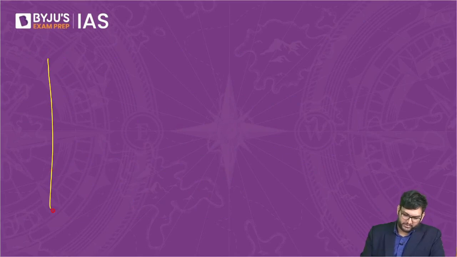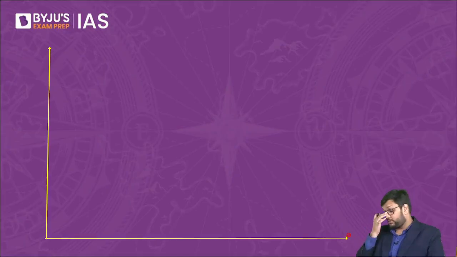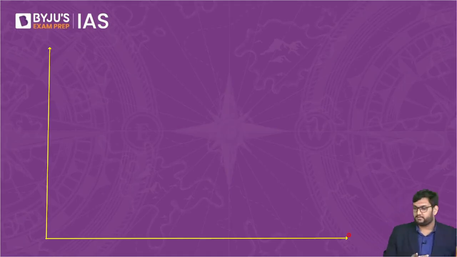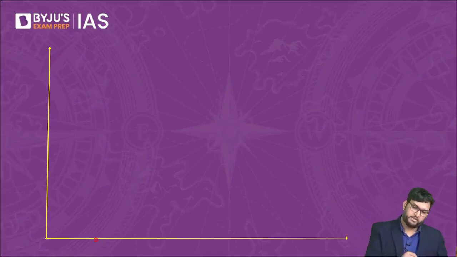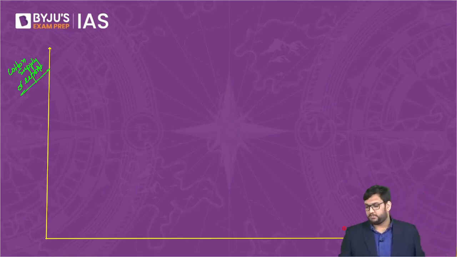Now I'm going to make a graph in front of you. Don't have to learn the graph, just to show you something. So this graph represents the world supply of cotton. So this is the cotton supply or export, and this is the year.